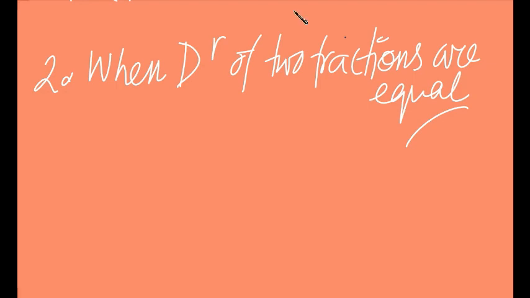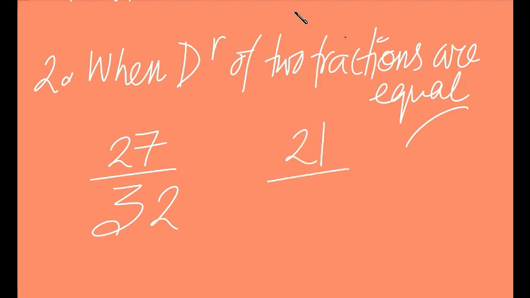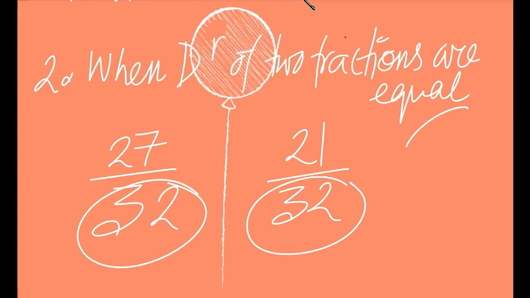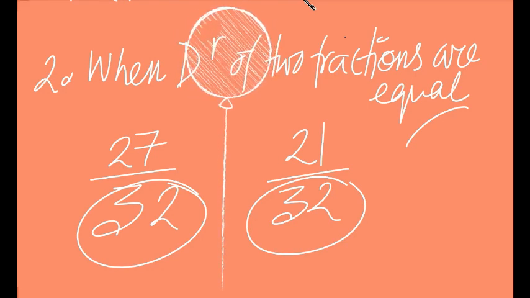So what do we have? Let us take one number, 27 by 32, and let us take 21 by 32. In both cases you have the same denominator, right? So we can directly compare whenever the numerators or the denominators both are the same.